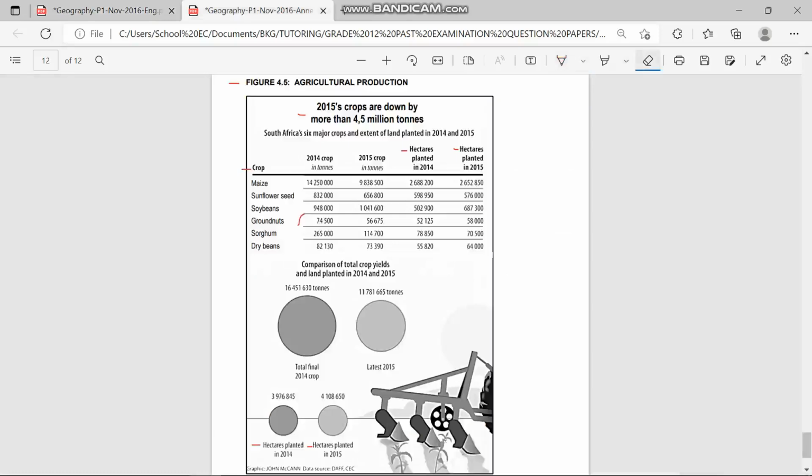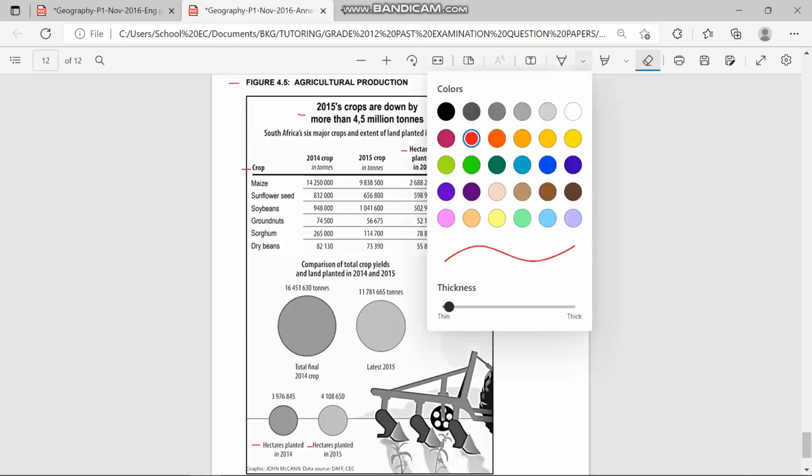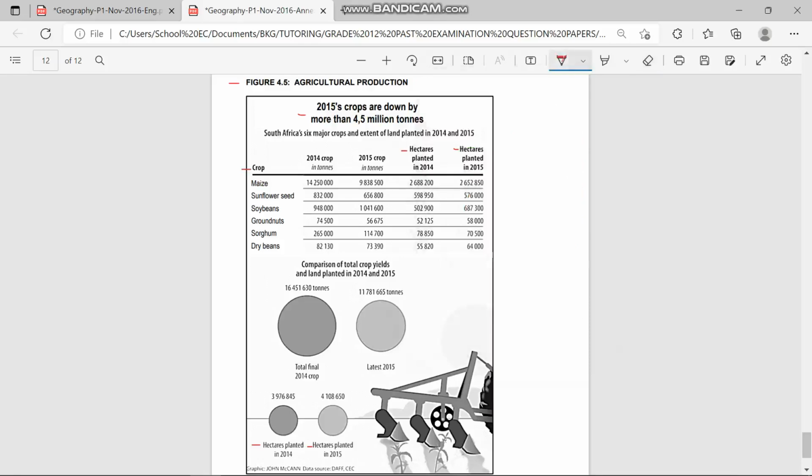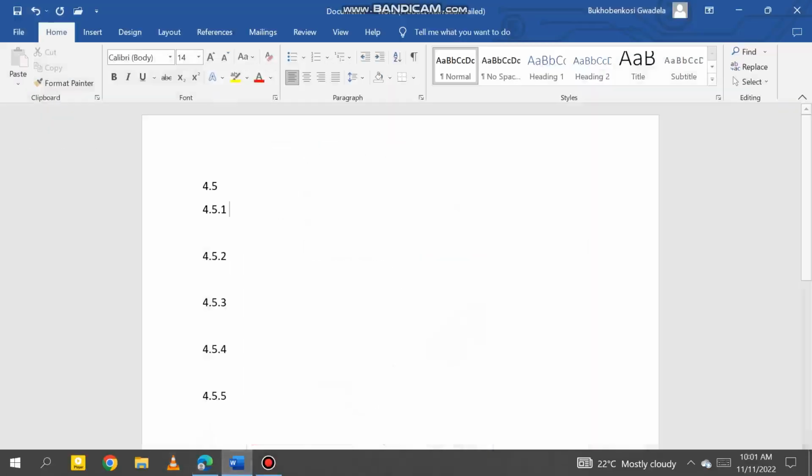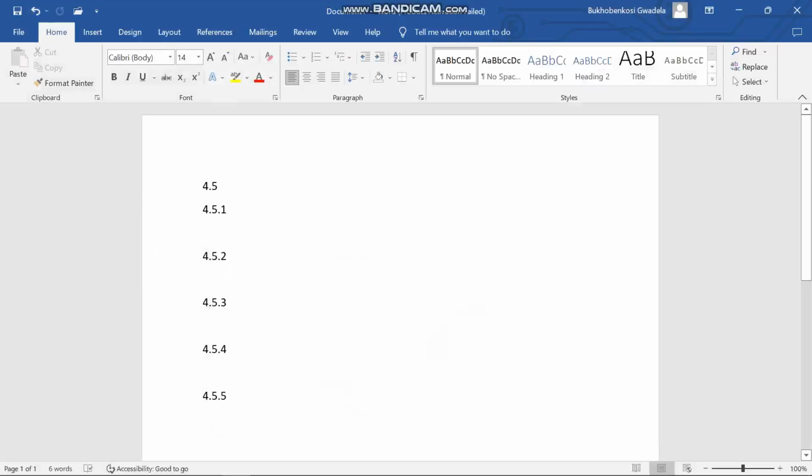It is the only crop that increased from 2014 to 2015, while the other crops have decreased. So the answer for 4.5.1 is soya beans.